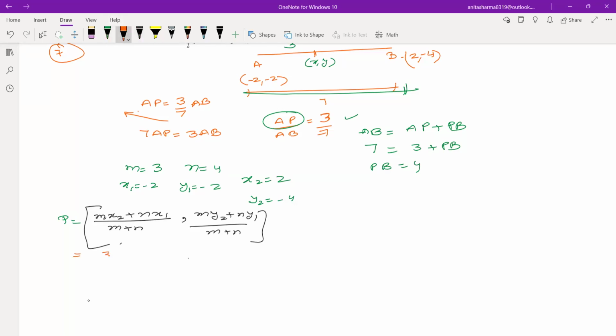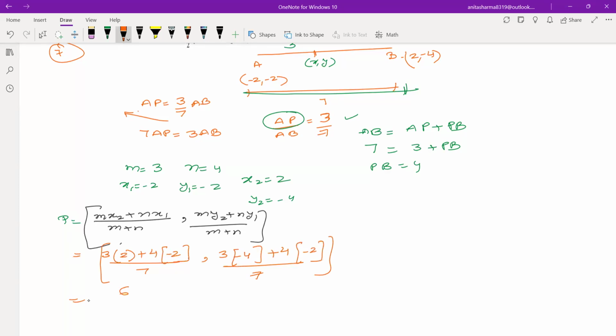See, value of m is 3, x2 is 2, n is 4 and x1 is -2, divided by 7. For y, m is 3, y2 is -4, n is 4, y1 is -2, divided by 7.